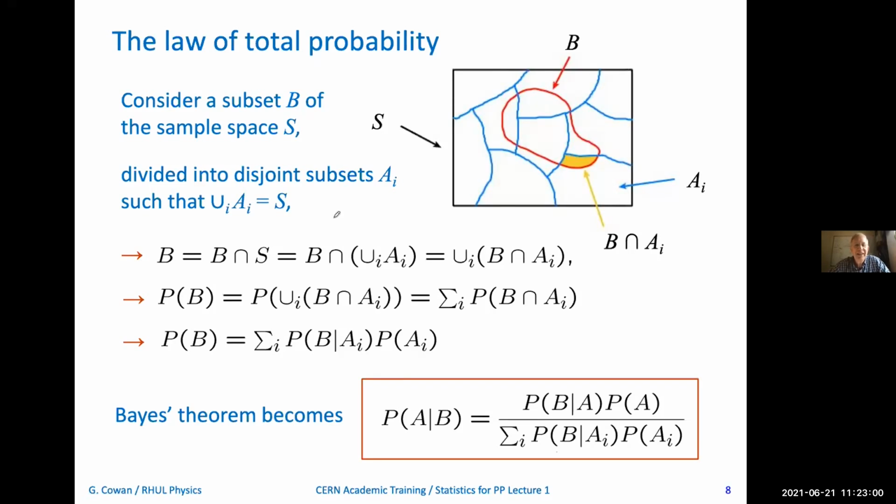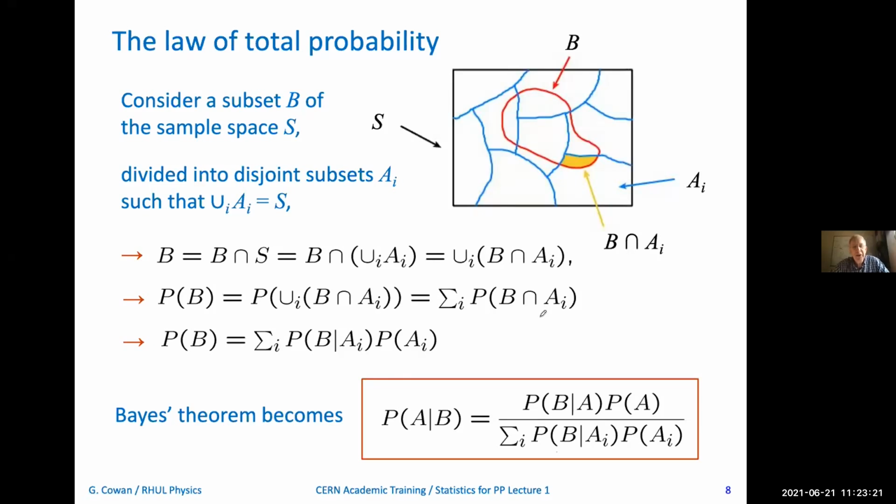And here I've written that down in slightly more formal mathematics. Here I start by saying that B is the union of the B intersect A sub I's. And then by Kolmogorov's third axiom, I say that the probability of B is equal to the sum of the corresponding probabilities.